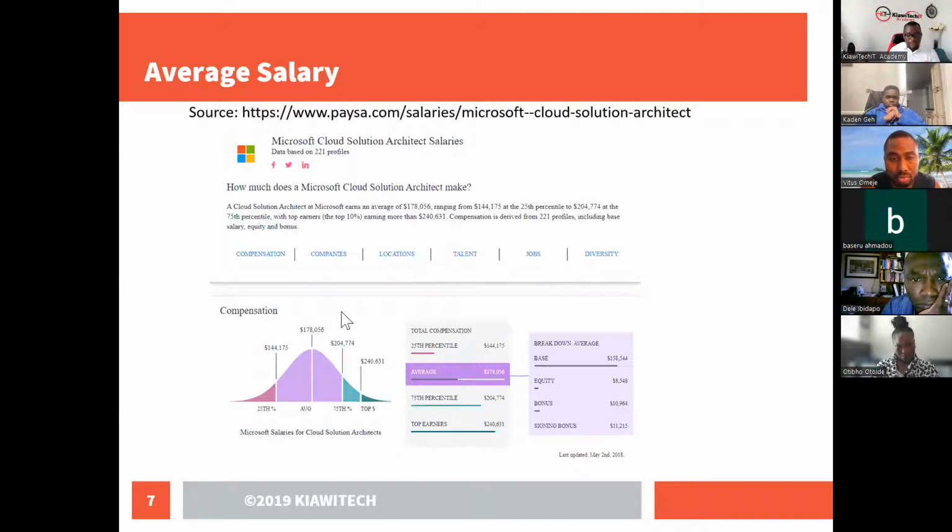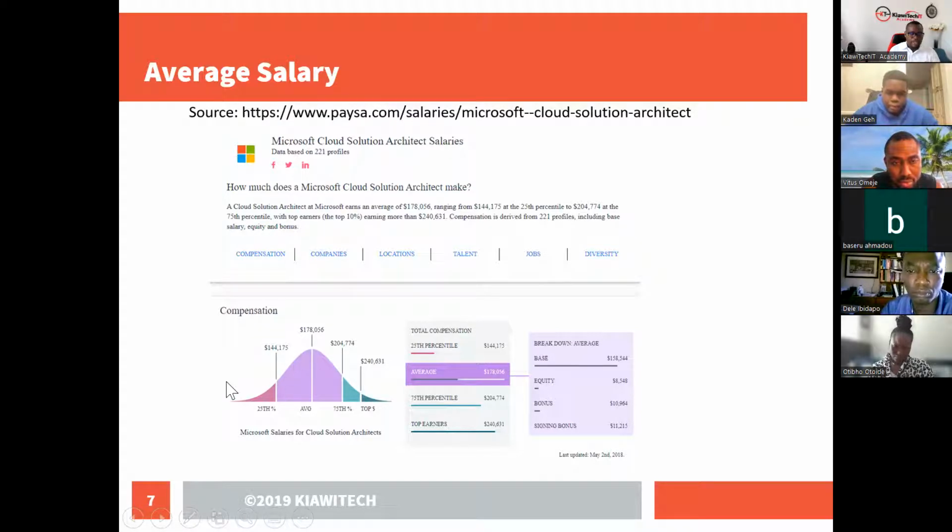Now, I just want to quickly give you a rundown of what to expect in terms of salary. Cloud Solution Architects make quite a lot of money. You see a study here that places this at a $178,000 average.